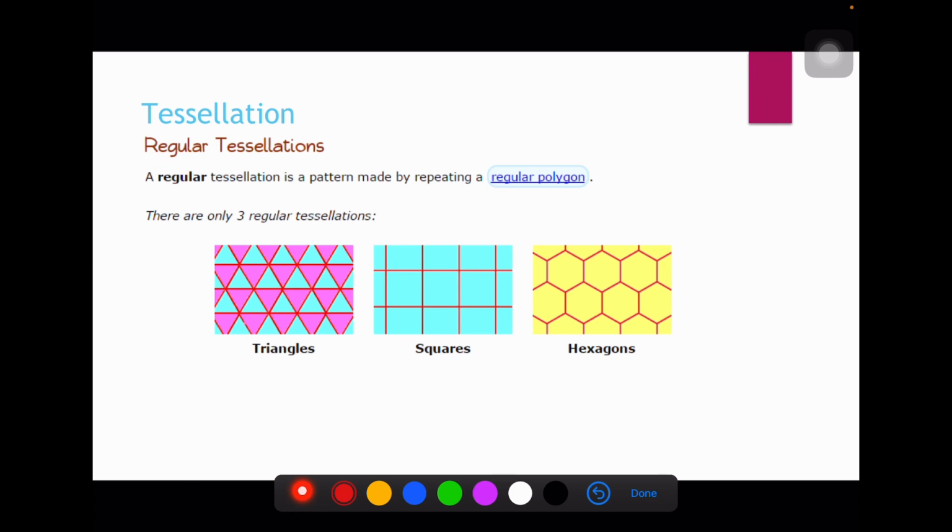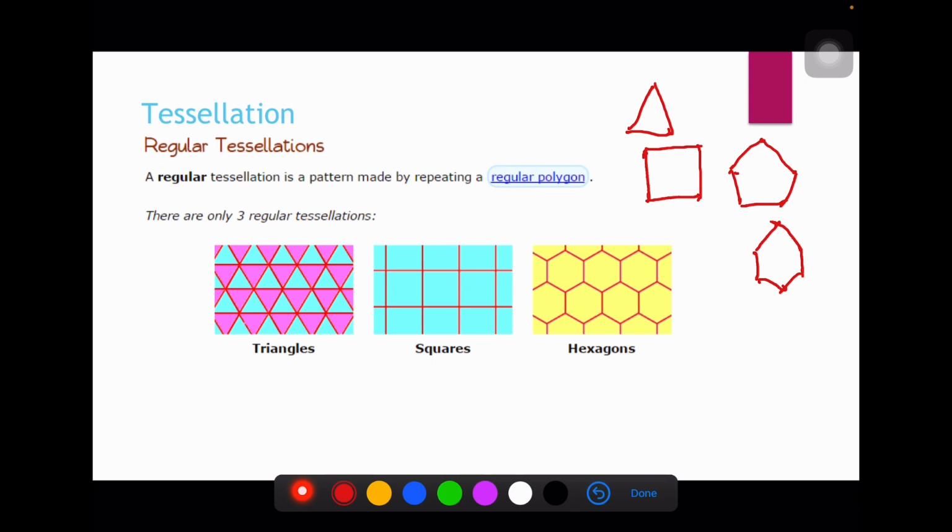A regular tessellation is a pattern made by repeating regular polygons. So we have learned regular polygons such as the equilateral triangle, the square, the pentagon, the hexagon, and the heptagon, and so on.